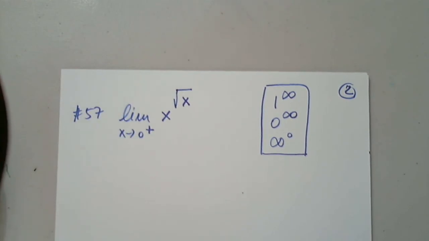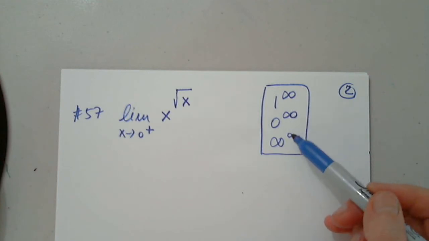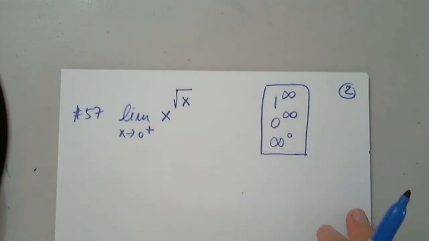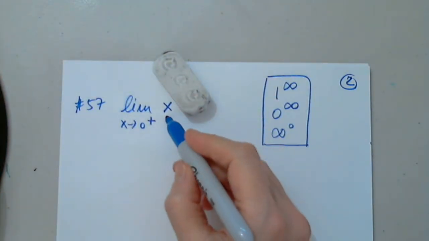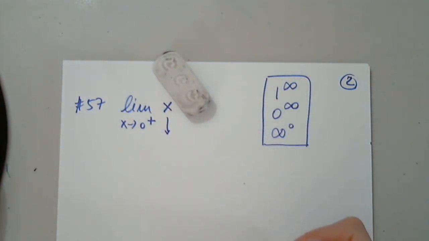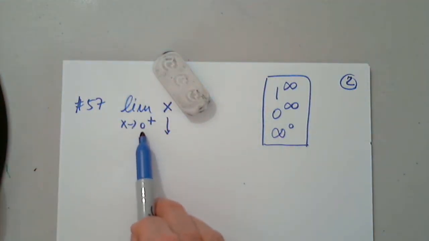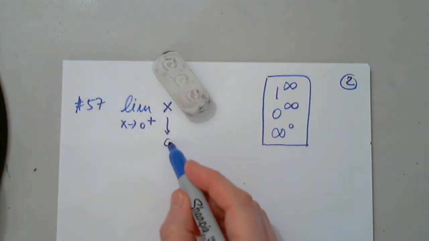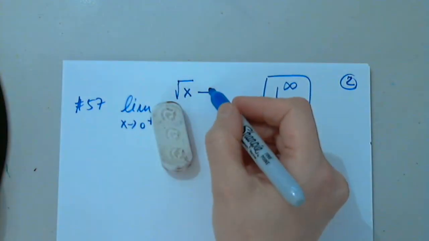All indeterminate cases we cannot conclude. 1 to infinity is not 1, 0 to infinity is not 0, and infinity to 0 is not 1. Do not assume anything. No assumptions here. Okay, good. So where is this going? One to infinity. So when x approaches 0 from the right, where is this going?